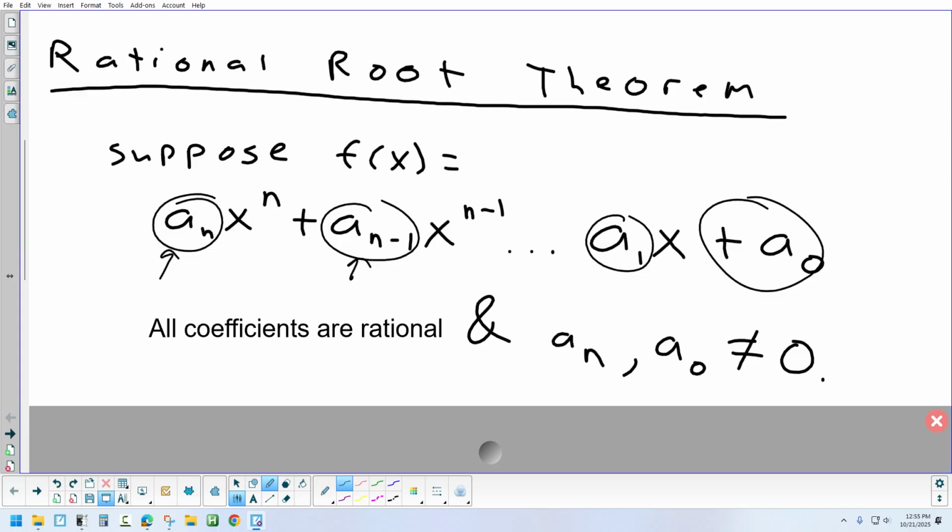And for every problem I give you, they will be. But there are two restrictions. This number and the last number cannot be 0. If there's 0, then this theorem doesn't work. But every problem that I give you, and I ask you to do rational root theorem on, will fit that condition. It will work.